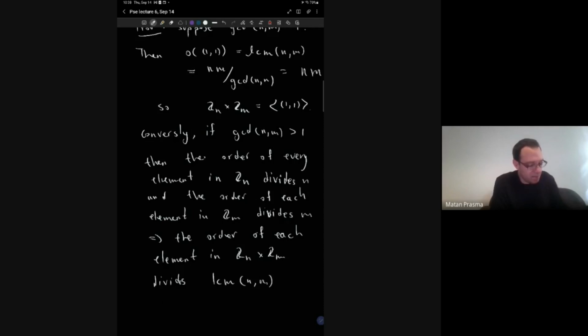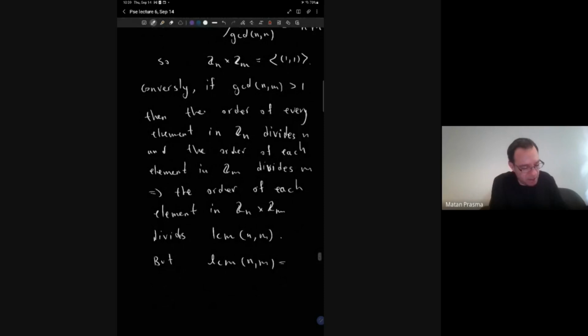But LCM of n and m is, by the identity we proved, nm over GCD of n and m, which is strictly smaller than nm, because the GCD of n and m is assumed to be bigger than 1. And this is a contradiction.